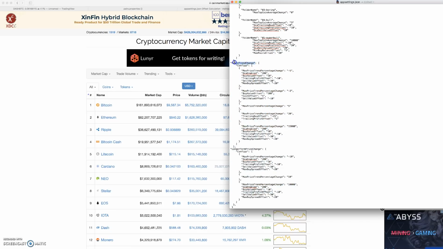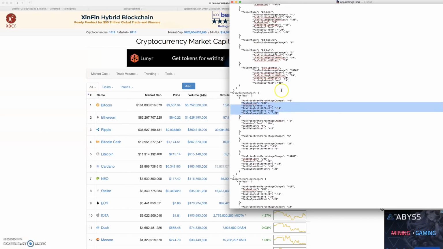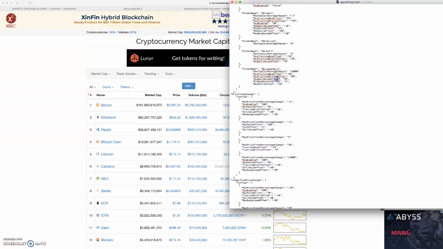So these are price trend changes. When a price trend changes to negative 5%, then I've put in some offsets to help with buying and selling, and my profit offsets and my sell value offsets. And then I even have some max pair offsets.